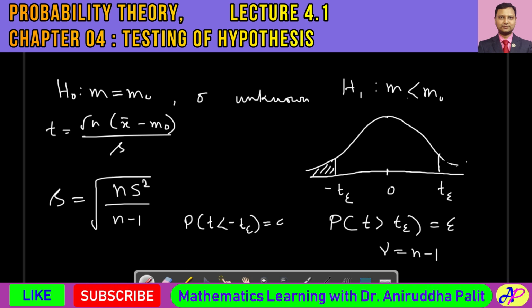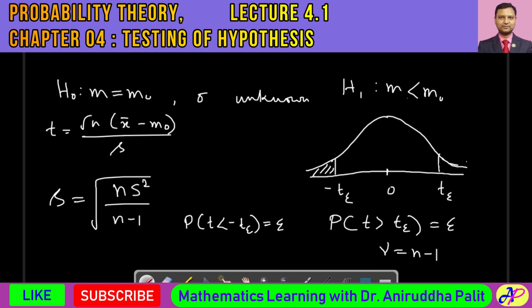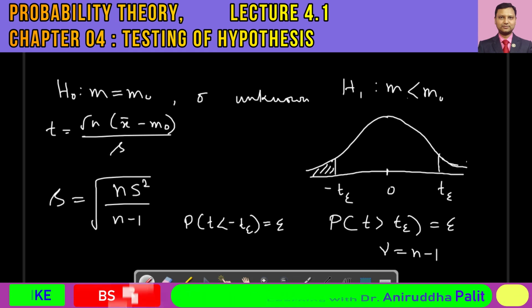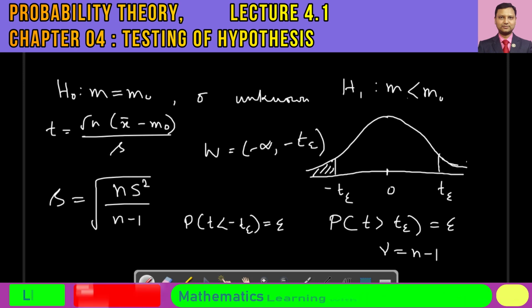That probability is equal to epsilon only. However, in order to identify this expression of t epsilon, we need the help of this value t epsilon on the right hand side. So although this is the critical region, critical region W is equal to minus infinity to minus t epsilon.